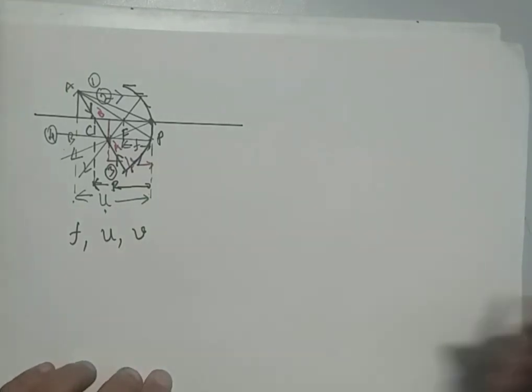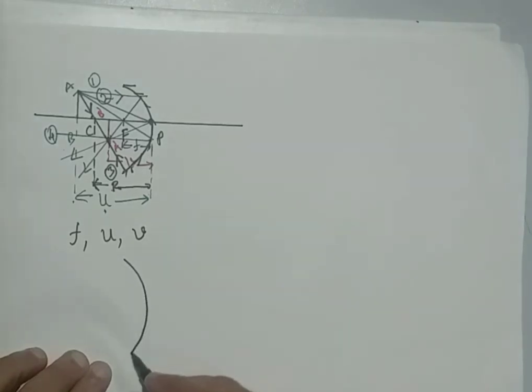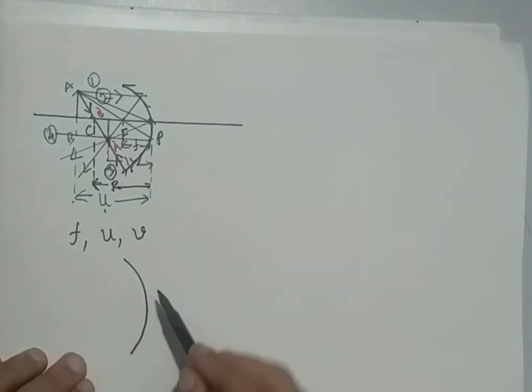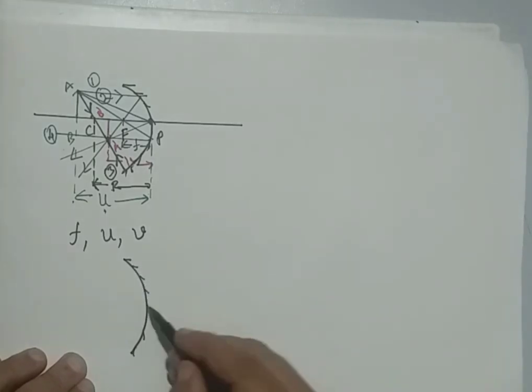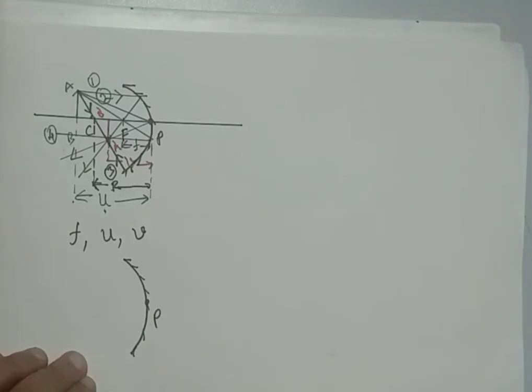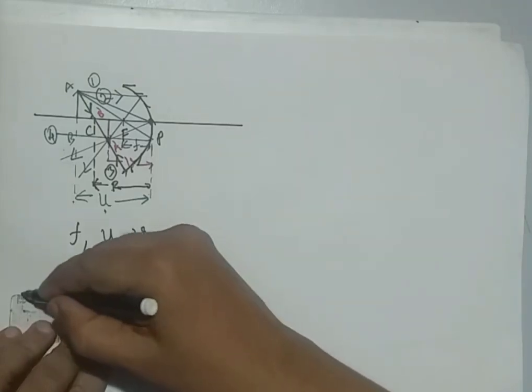I start drawing the figure like this. We are starting with the mirror equation now. This is the concave mirror coated surface, and this is the pole. I write the principal axis.